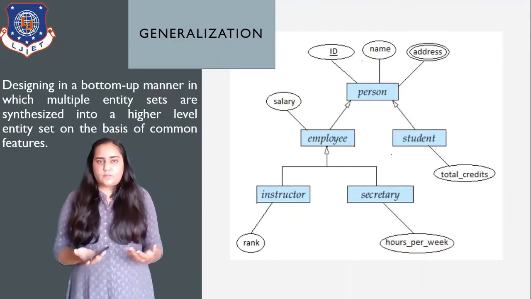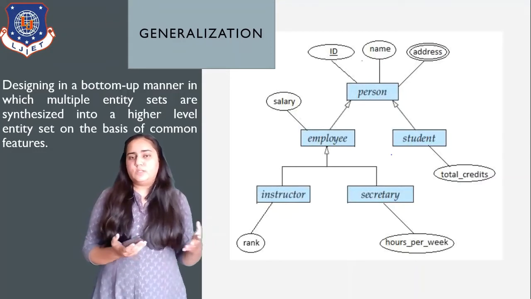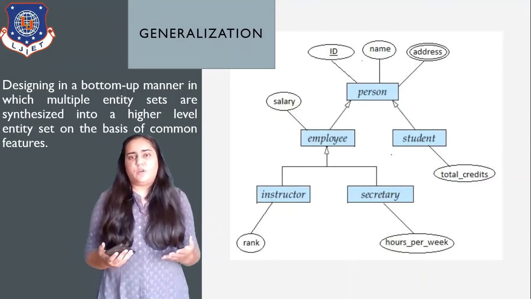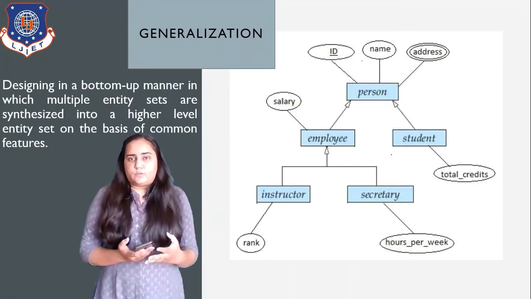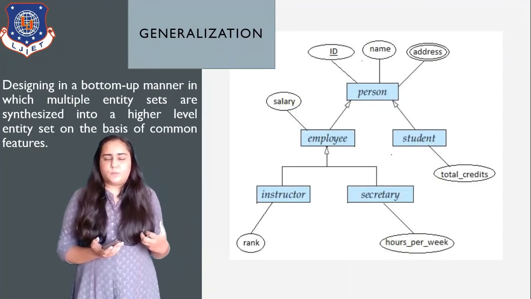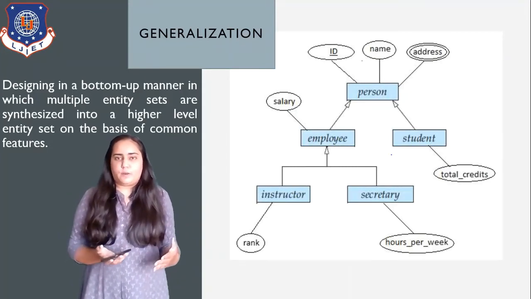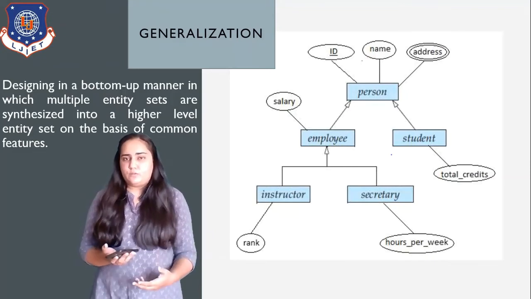But when you look at those, you'll realize that student and employee have a lot of common attributes. So why not collect all the common attributes? If there are lots of common attributes and you create a diagram, the diagram would be really big because you're repeating so many attributes.